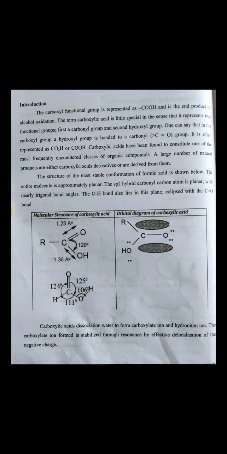Just look at the introduction about carboxylic acid. The carboxyl functional group is represented as COOH. How? COOH means a dash C-OH. It becomes the carboxylic functional group. It is the end product of alcohol oxidation.